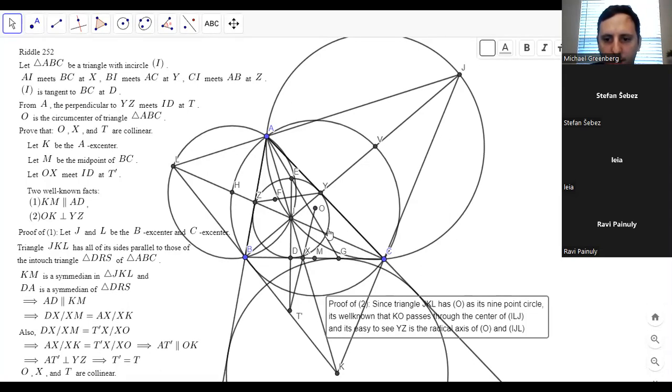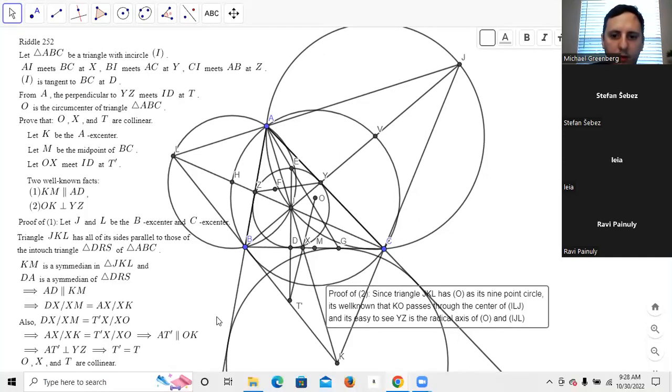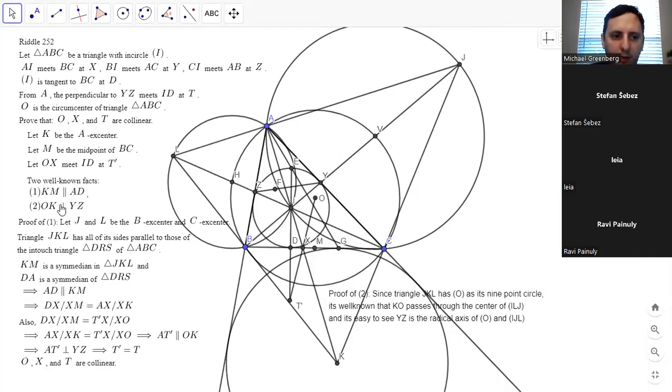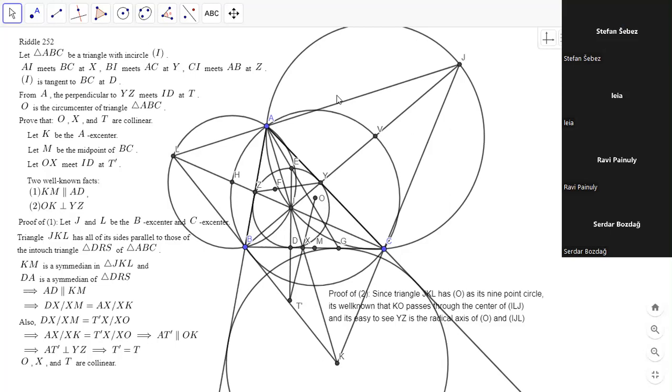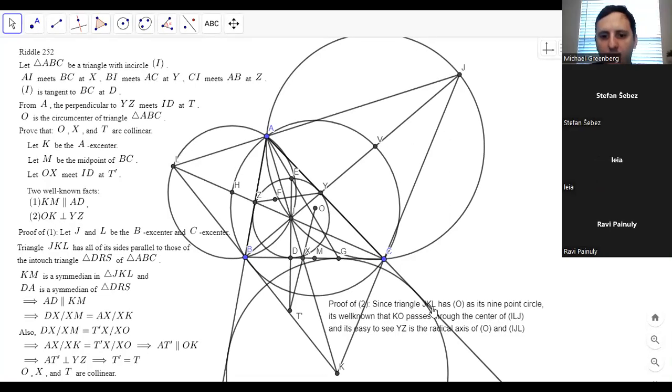and YZ is the radical axis. Okay, so ILJ, thanks for joining, Serdar. So we solved this problem. We're just thinking about two different lemmas that we used in it. Since triangle JKL, oh, it looks like Han just got kicked off, but now he is back on.